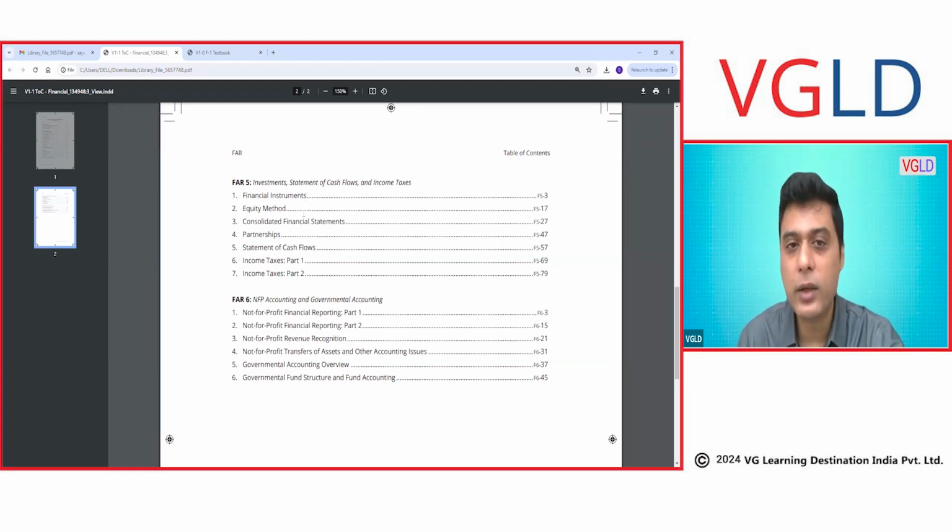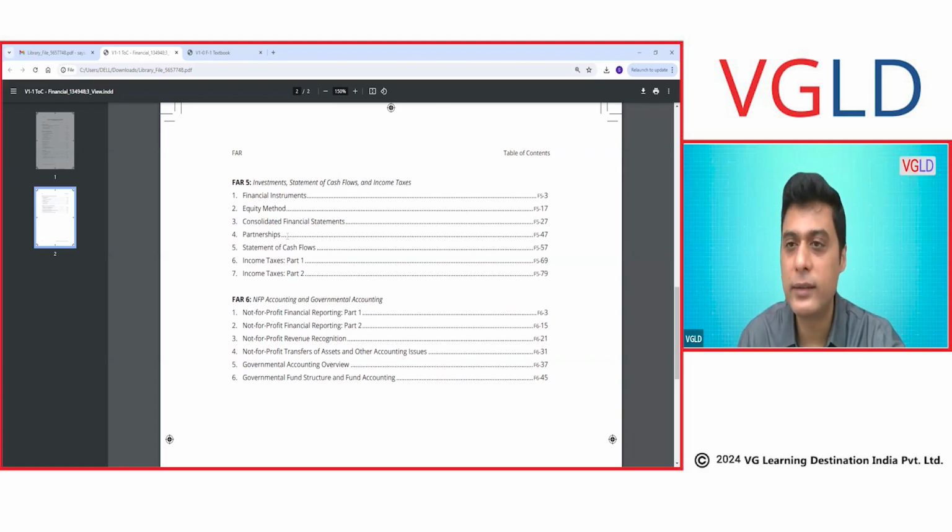Then equity method of accounting, consolidated financials, and partnership, which again is not as detailed as what you had in your class 12th. In class 12th, there was an entire book on partnership, if you are from CBSE, right?